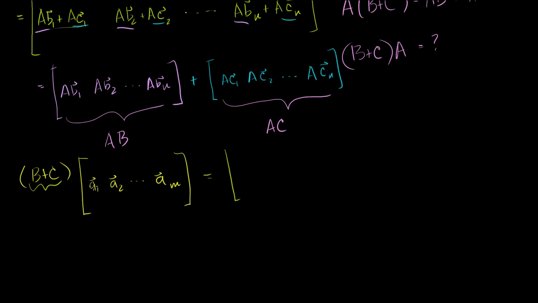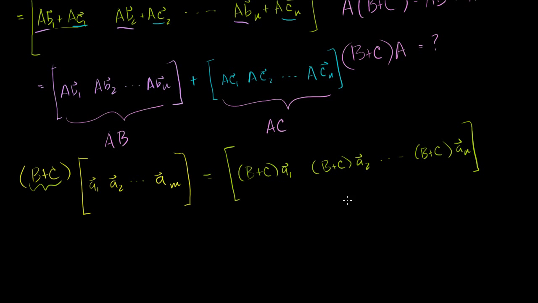So it's B plus C times each of the column vectors of A. So it's going to be equal to B plus C times A1, B plus C times A2, all the way to B plus C times AN.